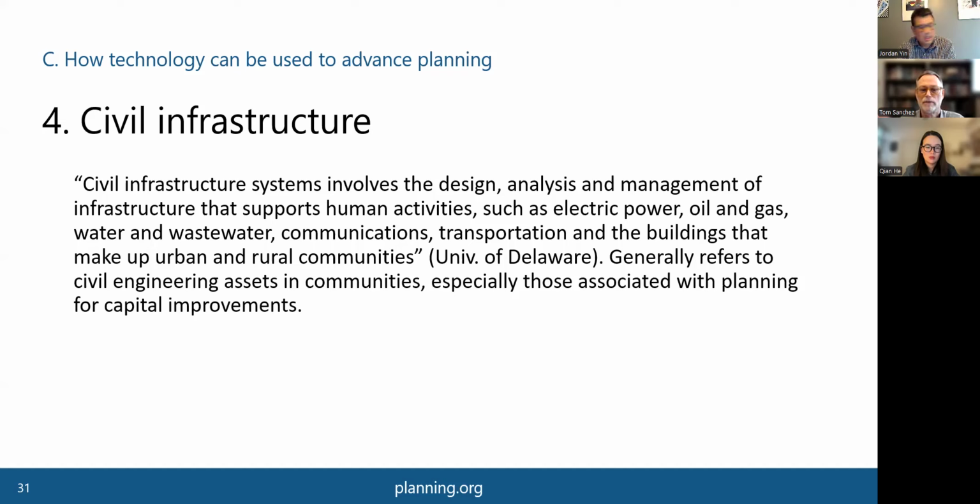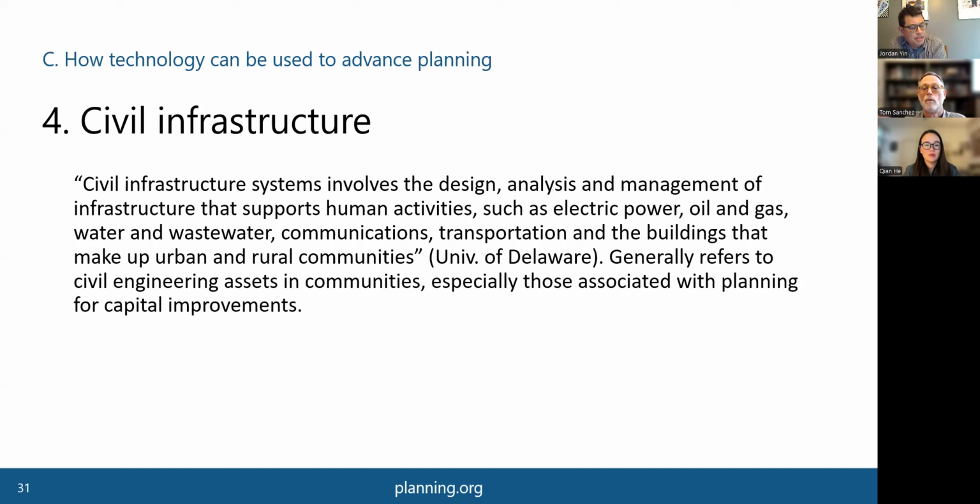Which generally refers to civil engineering assets in communities, and especially those associated with planning for capital improvements. And so, obviously, essential assets and aspects of the urban spaces that we're planning for.